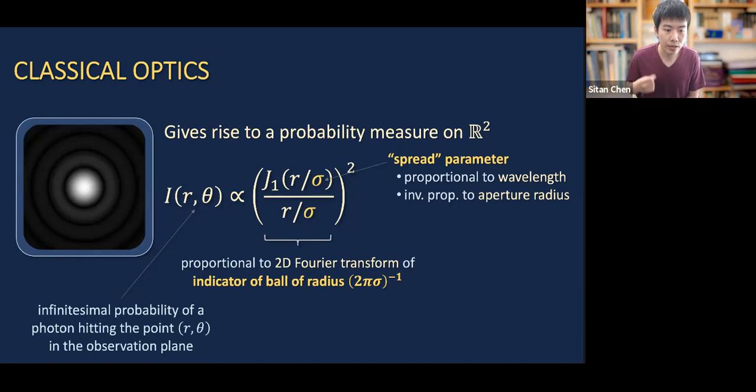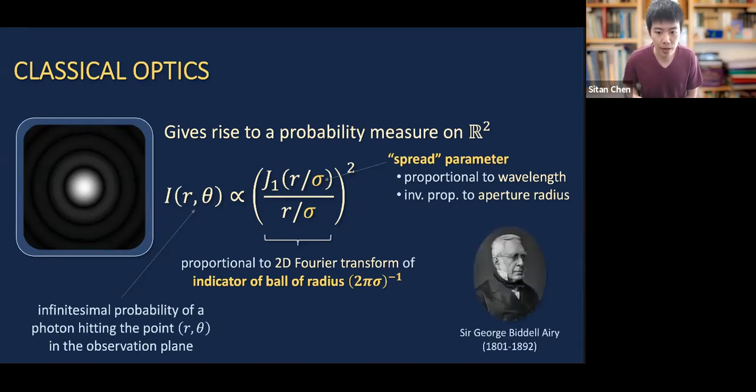And the reason is that we're really looking at the magnitude of the electric field at the observation plane. Remarkably, this distribution was discovered by Sir George Biddell Airy sometime in the mid-1800s and remains one of the fundamental objects in classical Fourier optics. And this is going to be the central object for the rest of our talk.